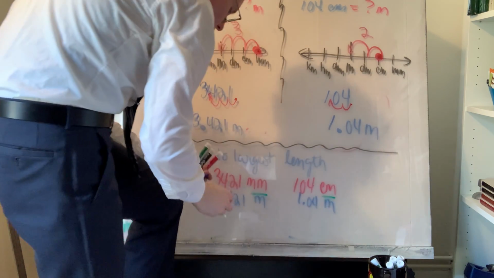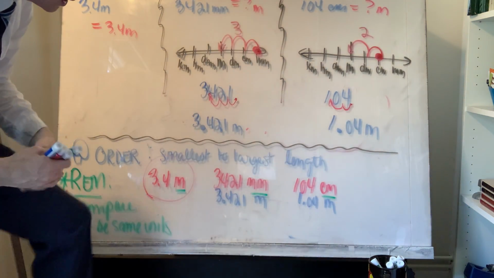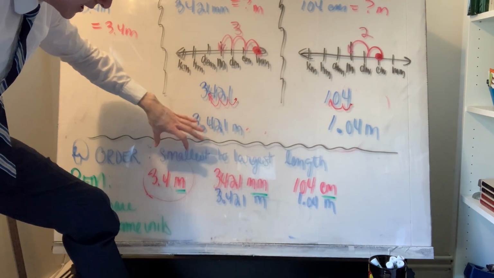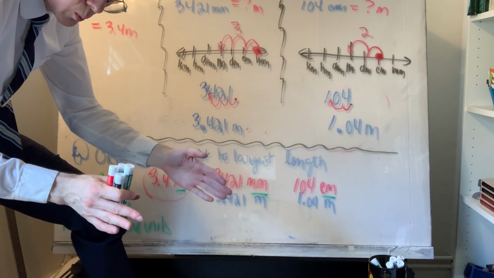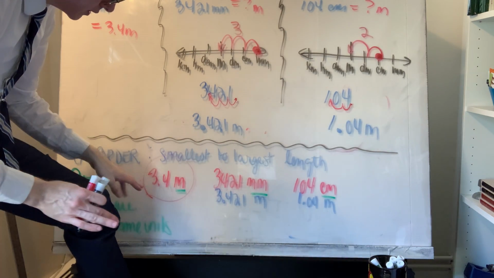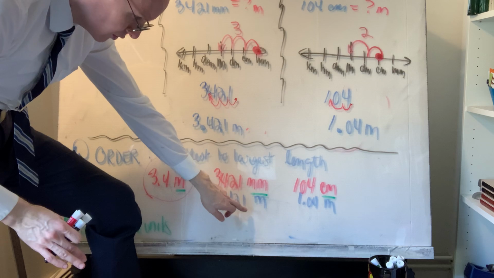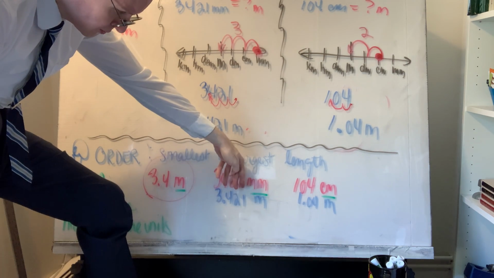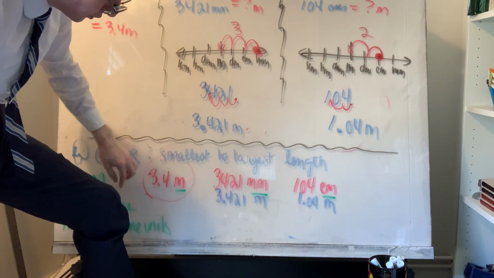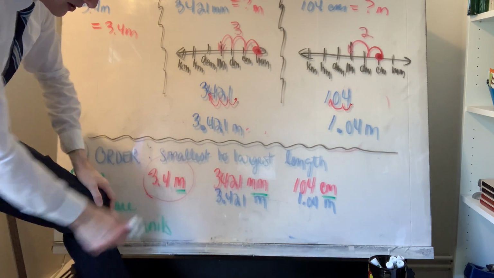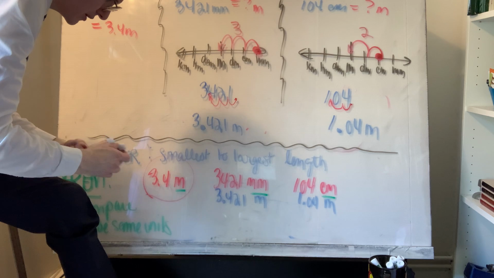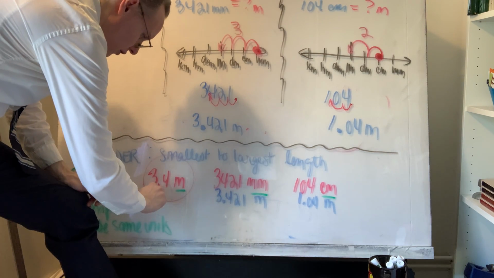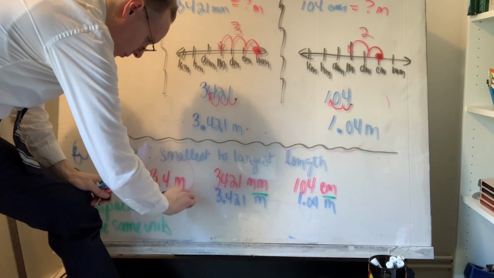If it makes you feel more comfortable, and I wouldn't blame you, now that you have everything converted to the same unit, you can make them the same width, so to speak. Like for example, this is 4 digits wide, right? And 3 from the decimal place. So you could make this the equivalent of that just by inserting some placeholder zeros. That might make it a little bit easier to read. So that would make this 3.400 meters.